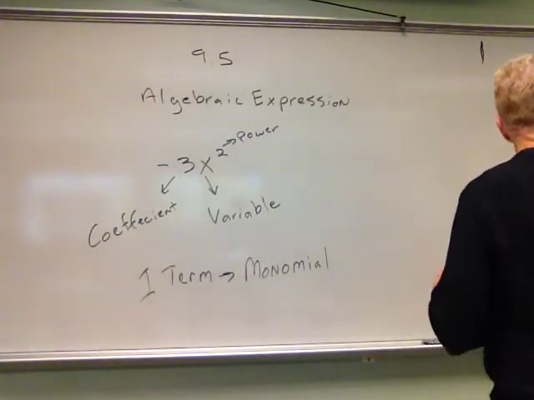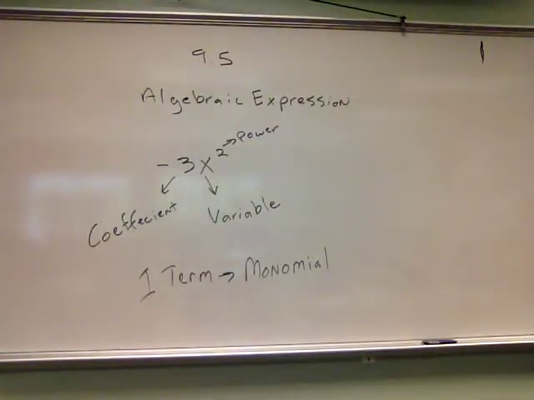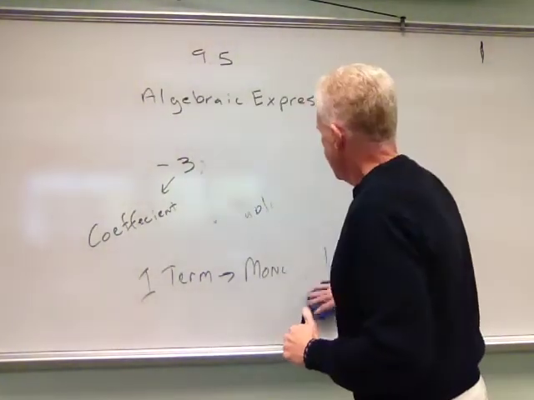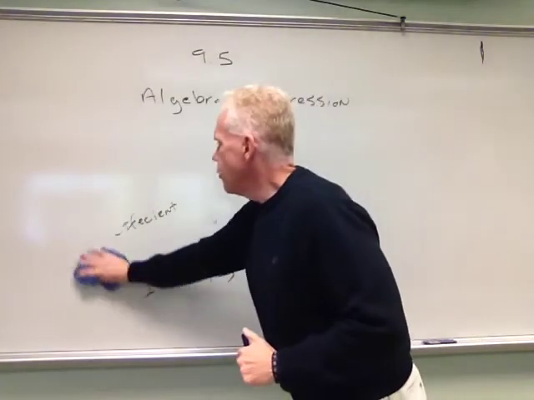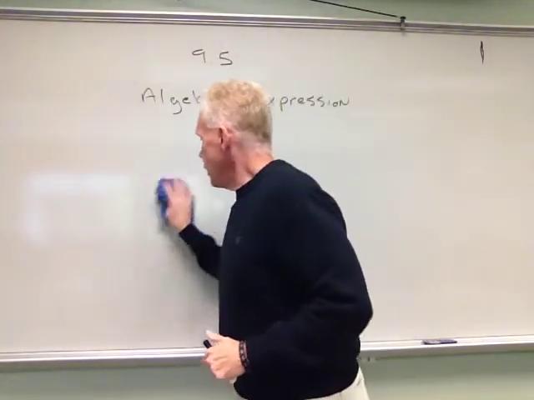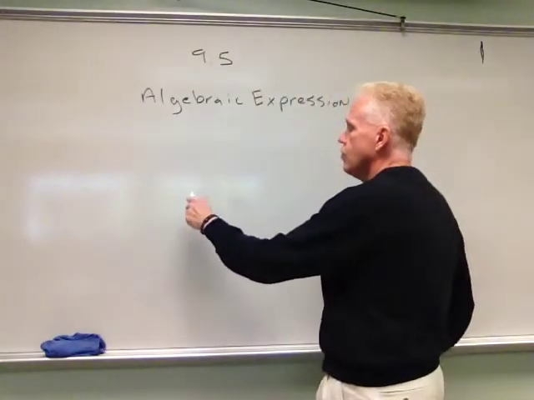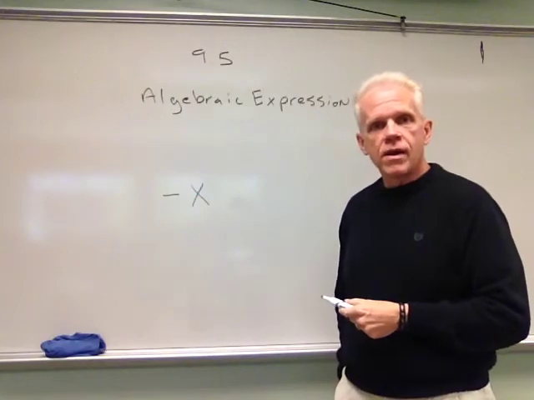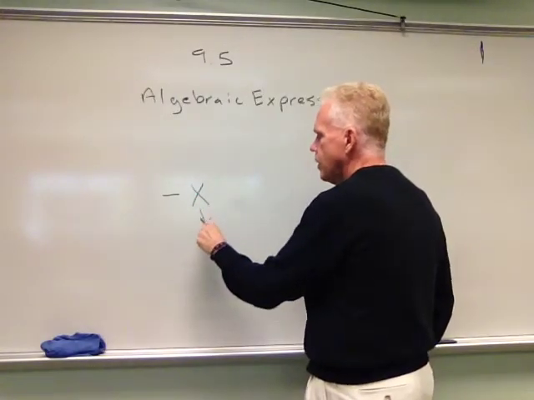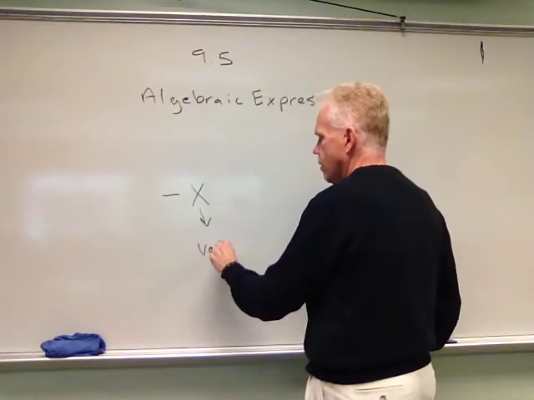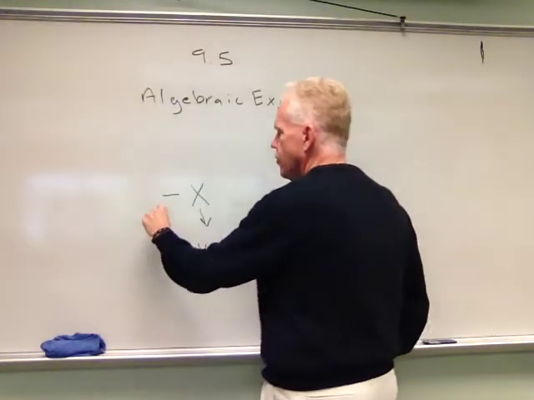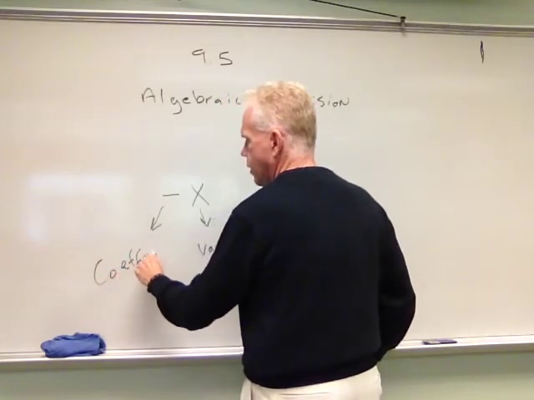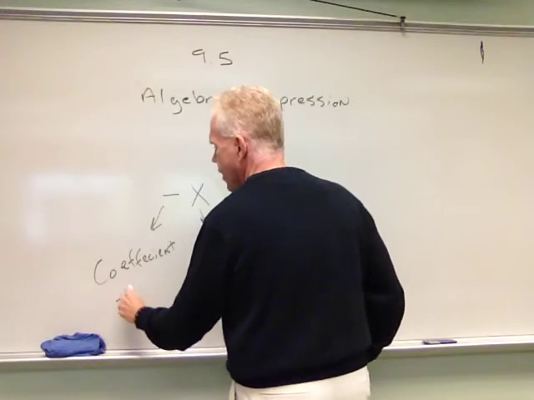Let's look at a couple other algebraic expressions here and give you a sense of what we're going after. Now, we could even have a simpler algebraic expression. How about just negative x? Negative x is an algebraic expression. The variable is the x. The coefficient is actually negative 1.